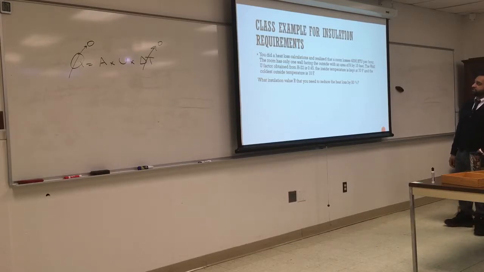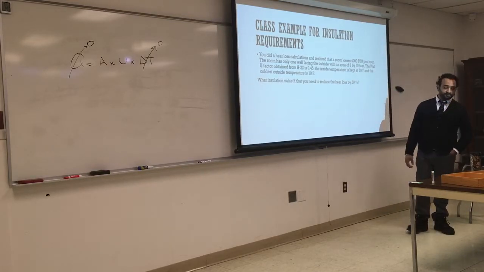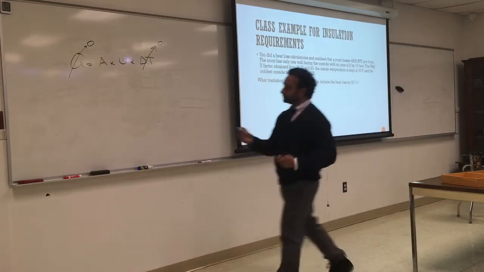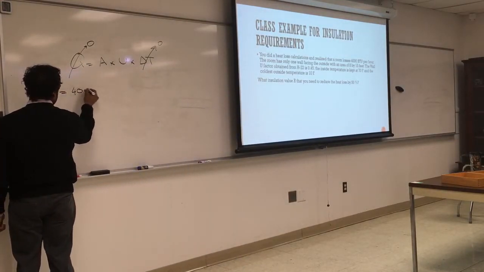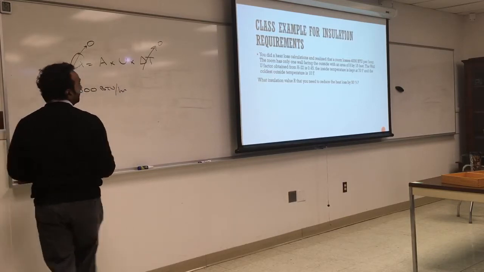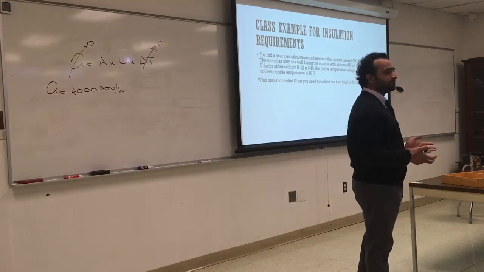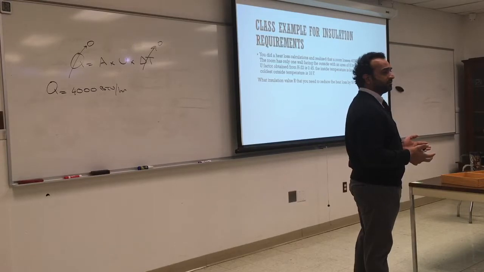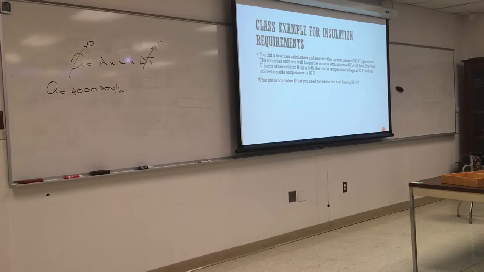You did a heat loss calculation. Realize that our room loses 4,000 BTU per hour. So let's write this down. The room has only one wall facing the outside. So where are we losing the heat? From that wall. Let's say the room is sandwiched between third floor and first floor, and they're both heated. So you know you're only losing heat through that wall.